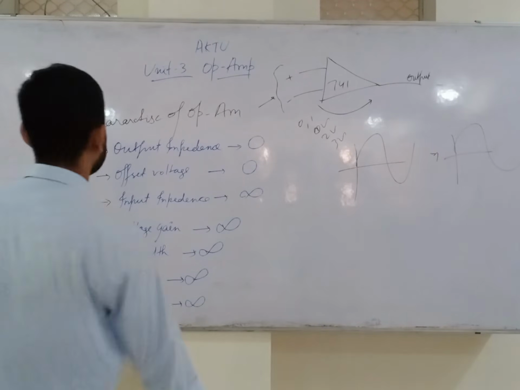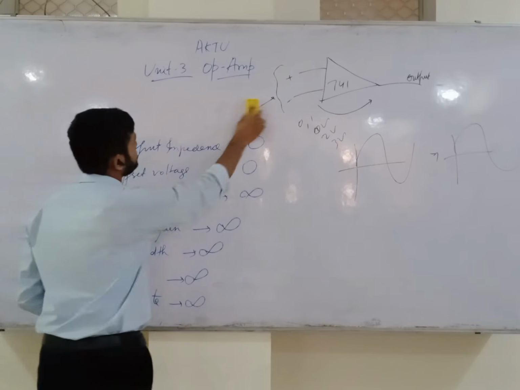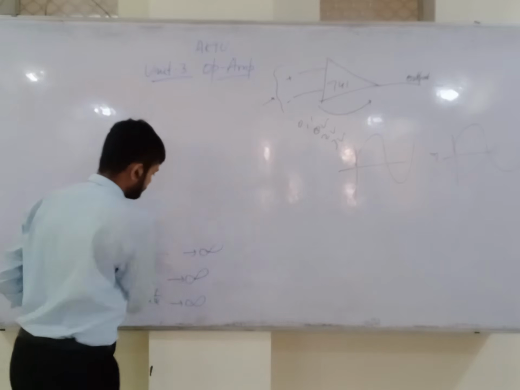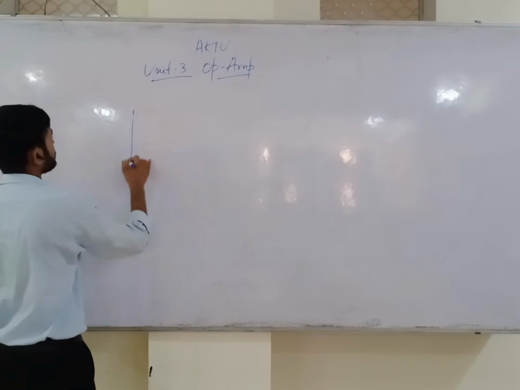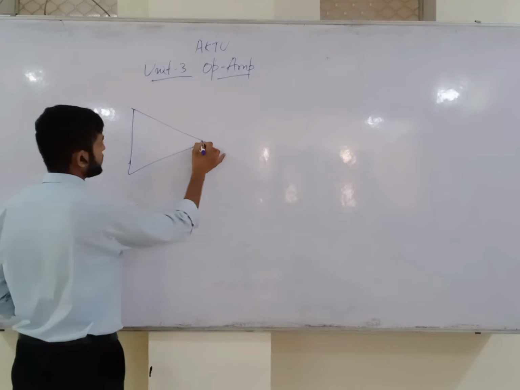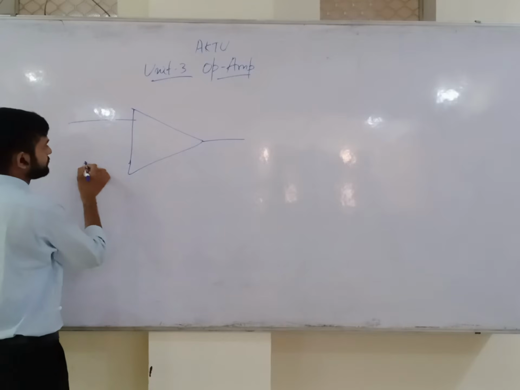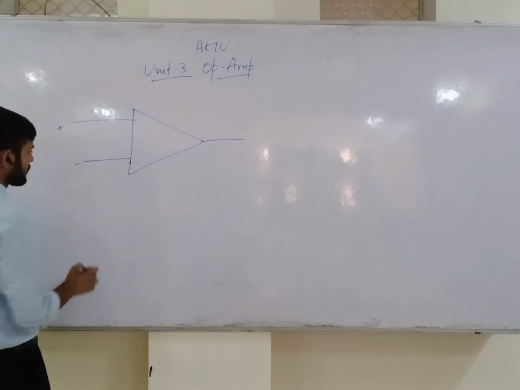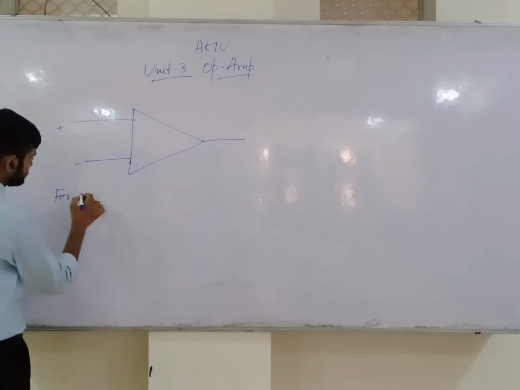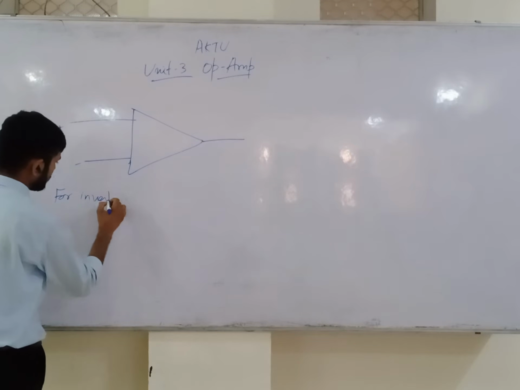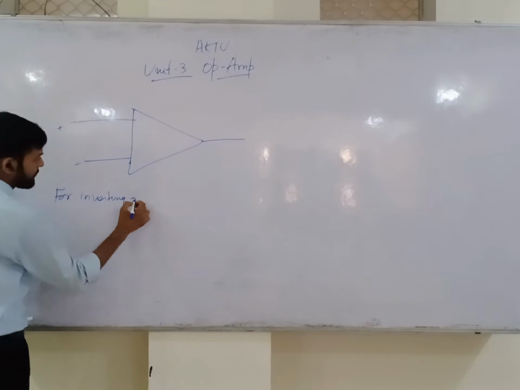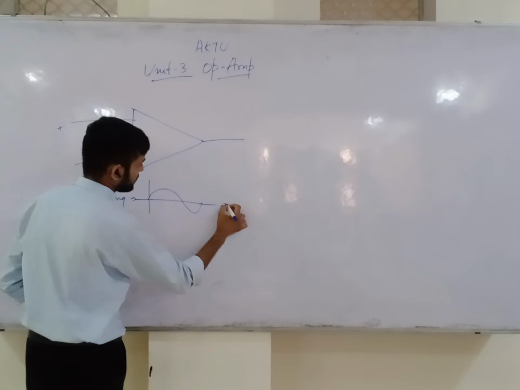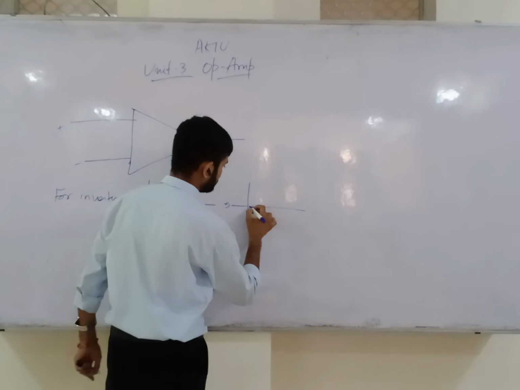Now we proceed to the next topic. Now this is the op-amp, which has positive and negative. For inverting, this graph is converted into this graph.